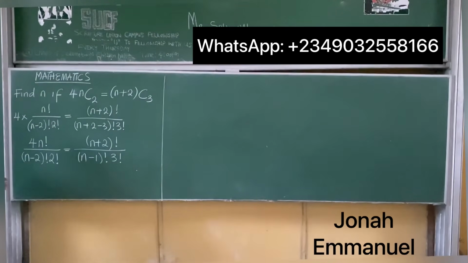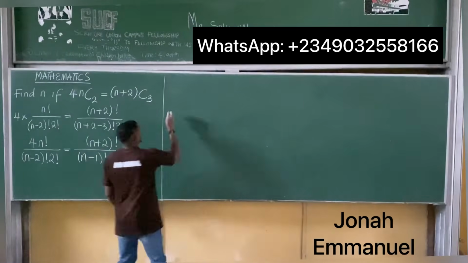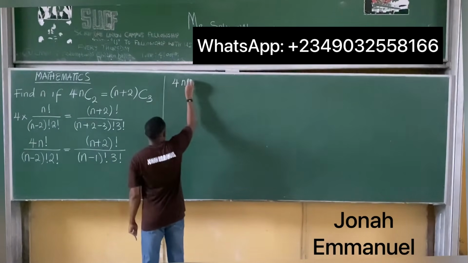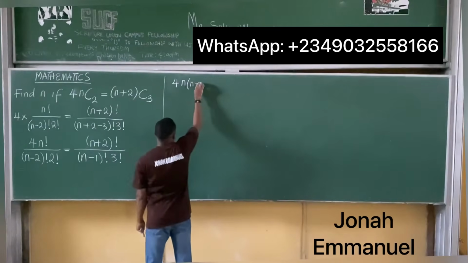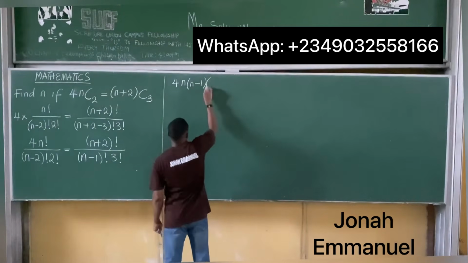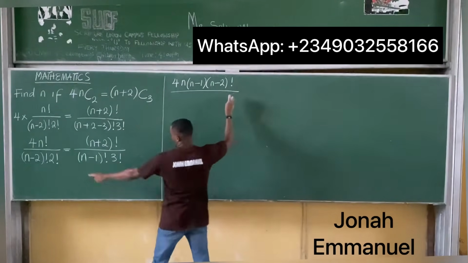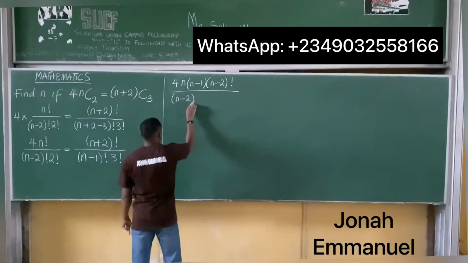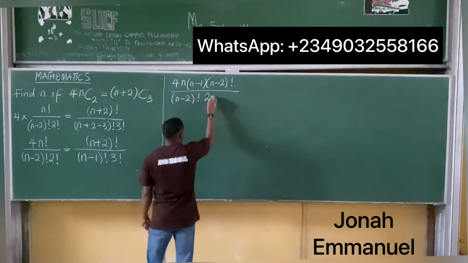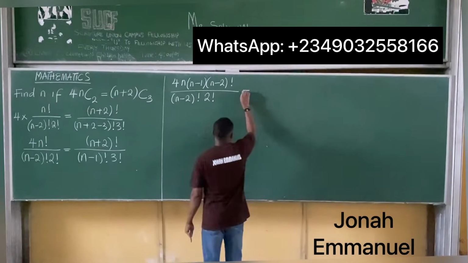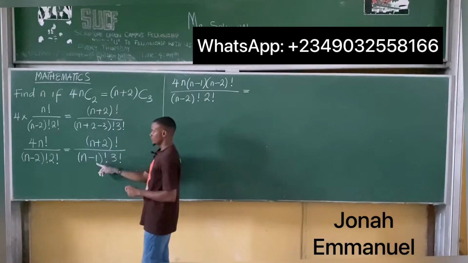All right, so let's see how we can work on this. We have to reduce this one till it gets to n minus 2, so you can cancel out. Same thing here. So this becomes 4n into, reduce this, n minus 1. Reduce it again, n minus 2 factorial all over n minus 2 factorial 2 factorial is equal to, reduce this one until it gets to n minus 1.